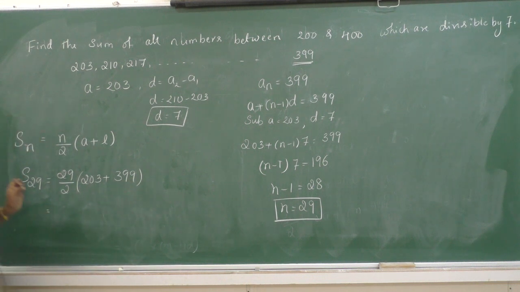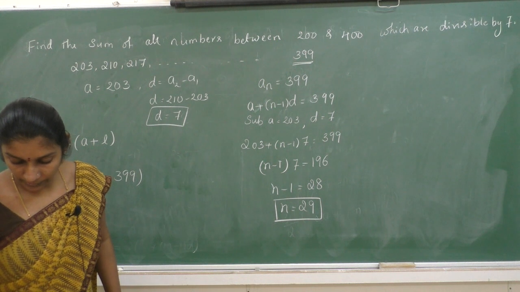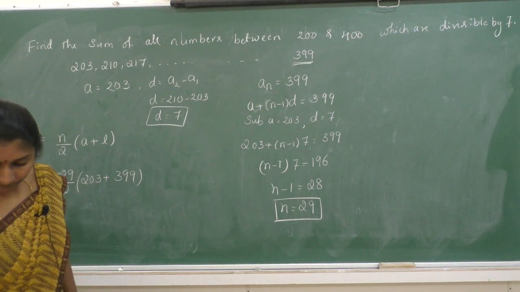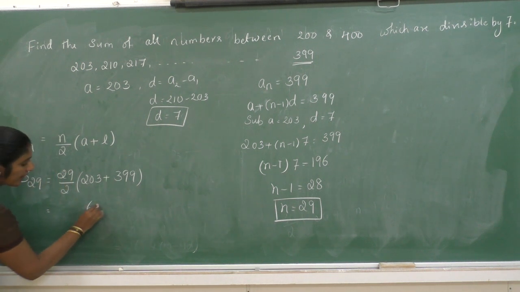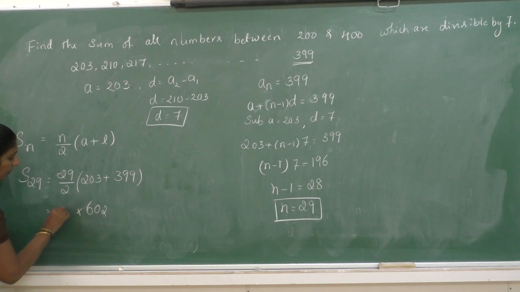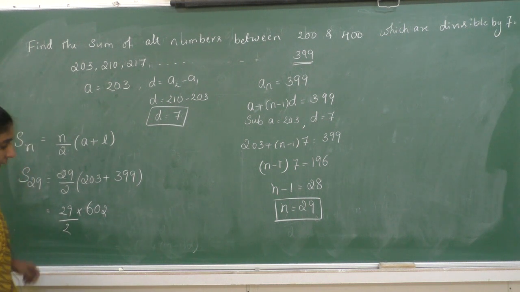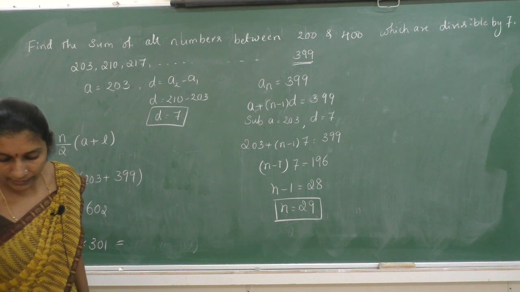So we get 203 plus 399, that is 602, into 29 divided by 2. 602 divided by 2 gives 301. So 29 into 301. So 301 into 29.